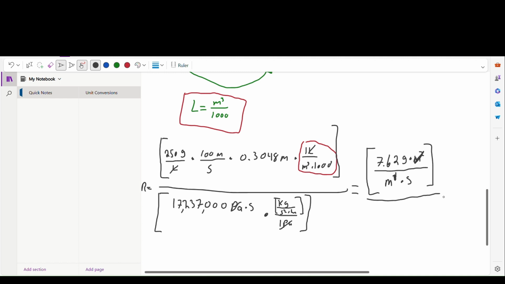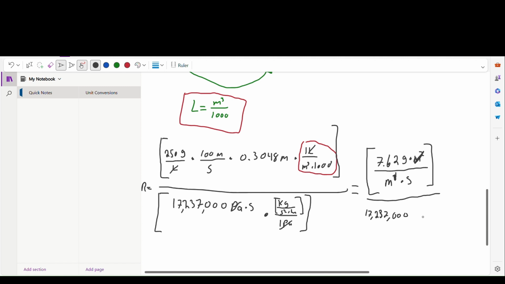And then your division problem will give you 17,237,000.